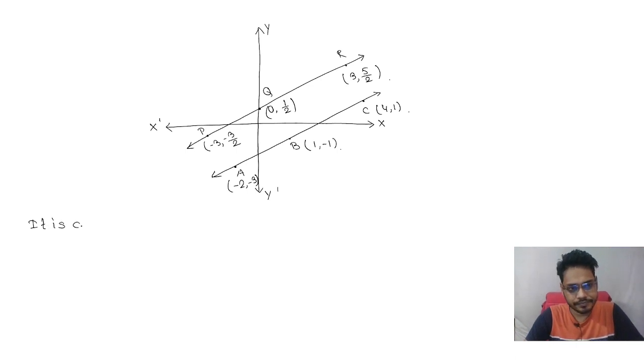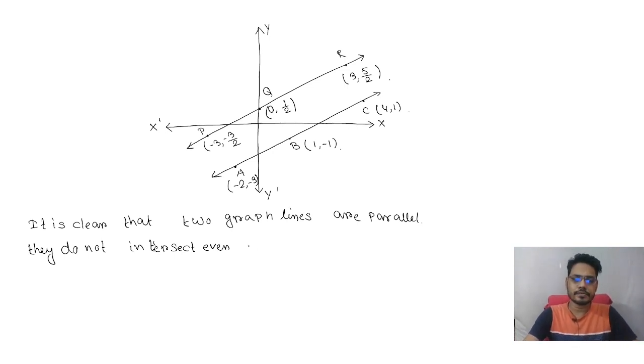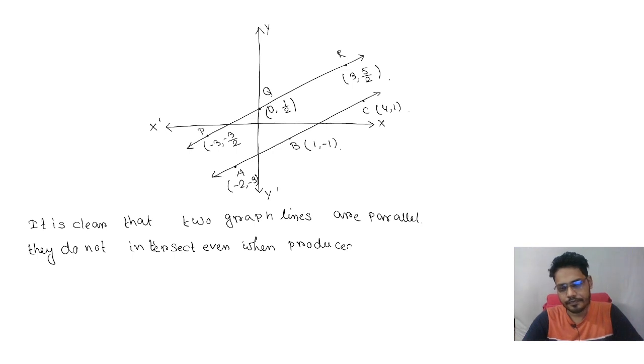It is clear that the two graph lines are parallel to each other and they do not intersect, even when the lines are produced.